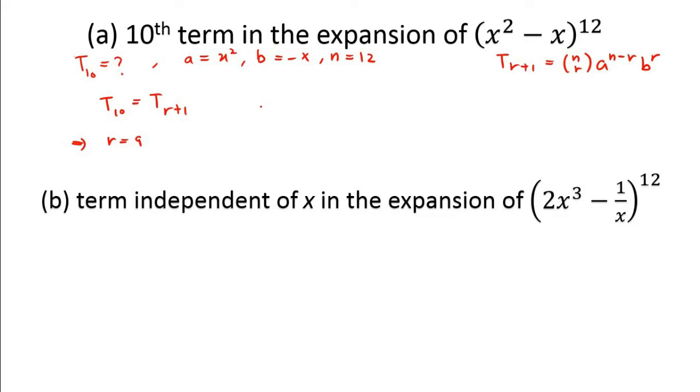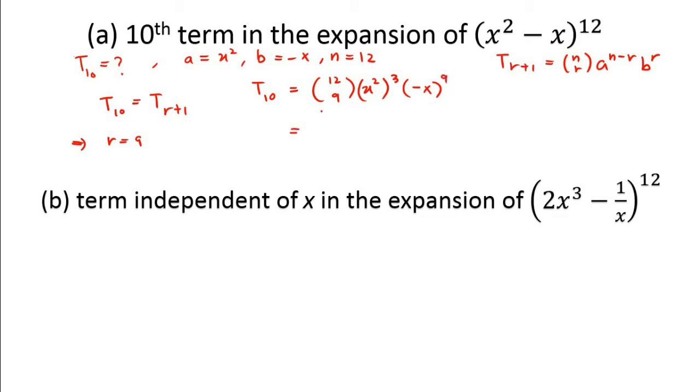Okay, so when our r is 9, with T10 as the subject, we would have 12C9, since 9 is r now, and our a is x squared, again to the power of, please be careful, it's supposed to be 3 over there, and then our b is negative x with the power of 9.